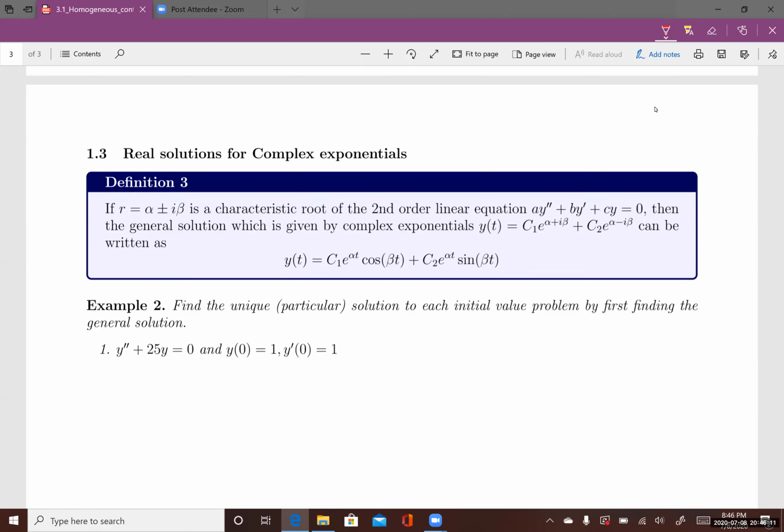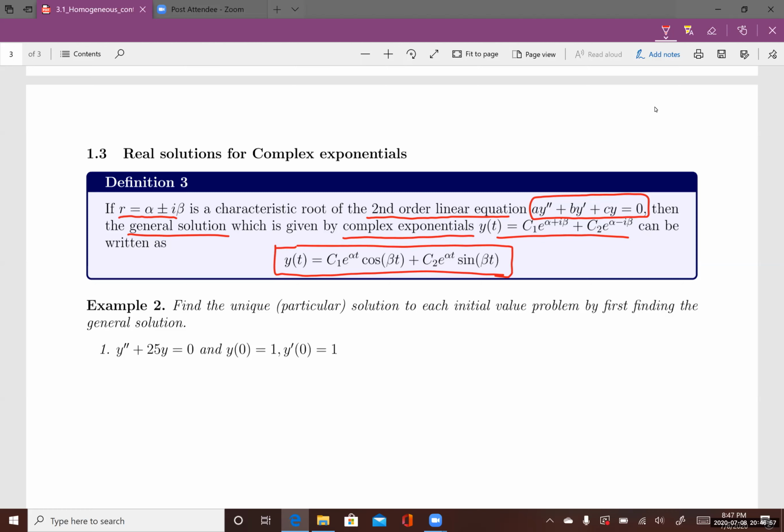If r, the root of the characteristic polynomial, is a complex root, r equals alpha plus or minus i times beta, of the second-order linear equation with constant coefficients, then the real general solution is given by y equals c1 times e to the alpha t cosine beta t plus c2 e to the alpha t times sine of beta t.